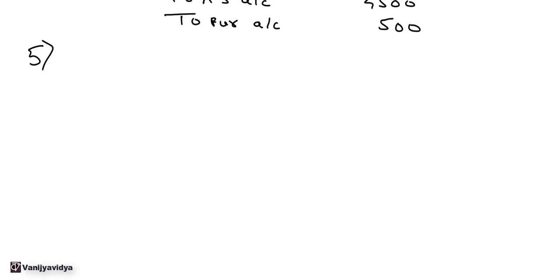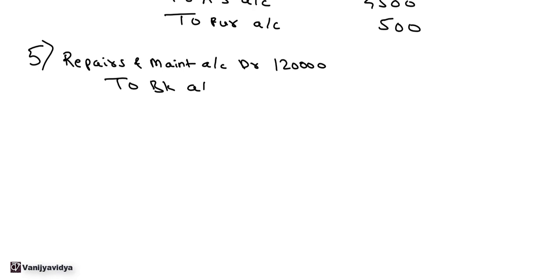Fifth one. Now entry that is passed in the books is repairs and maintenance account debit, amount is 1,20,000 to bank account. We'll assume that they are paid by bank.